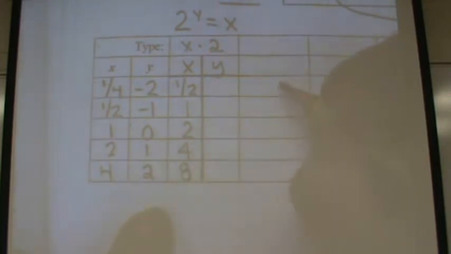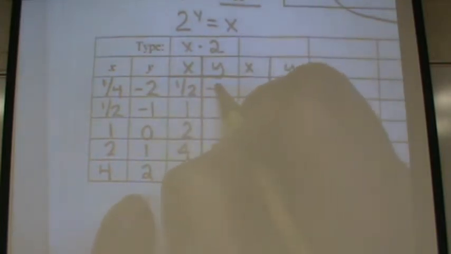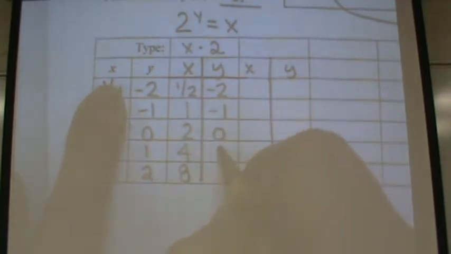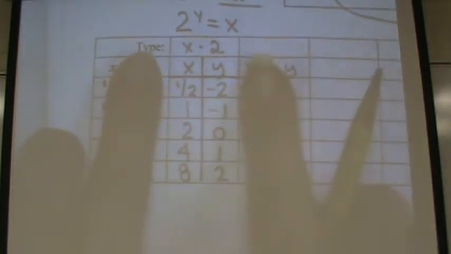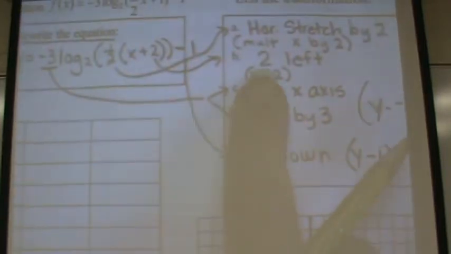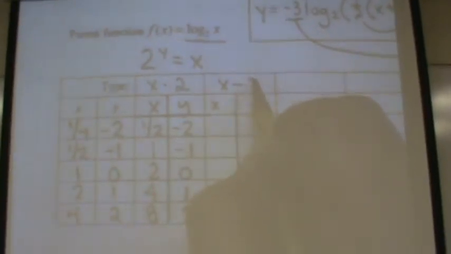Now some people will keep going here and do x and y. And some people like to rewrite, so keeping these all, it's up to you, I don't care, this is for you. So those are your points so far. Then you move on to step B. B is 2 units left. So you're going to take your x value and subtract 2.